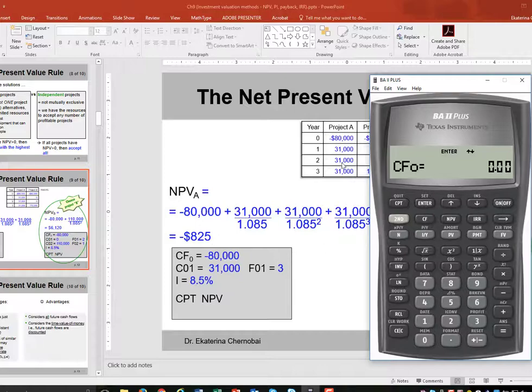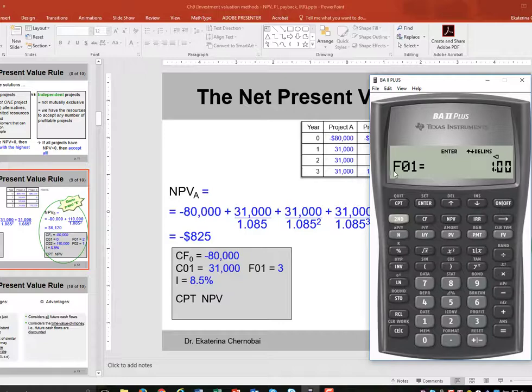My cash flow 0 is the initial investment entered with the negative sign. 80,000 negative, enter. Down arrow key. What's my cash flow 01? What's the first cash flow in the future? It's $31,000. 31, 3 zeros, enter, down.